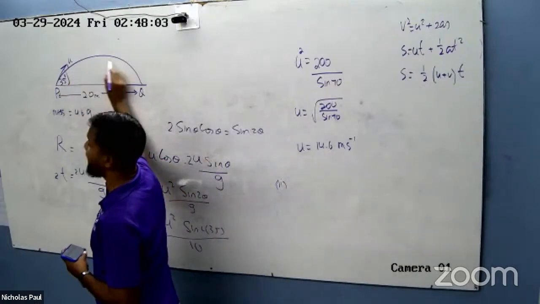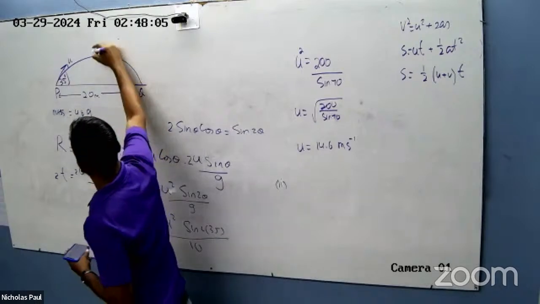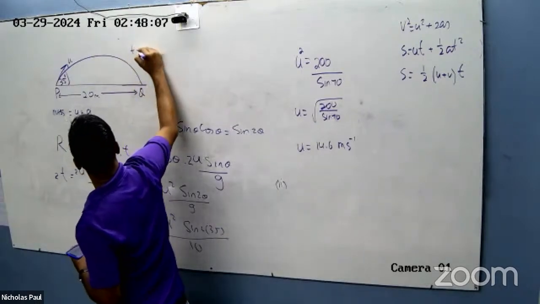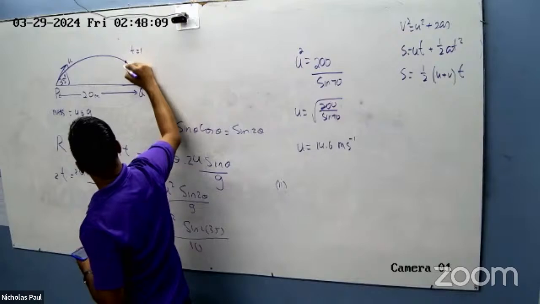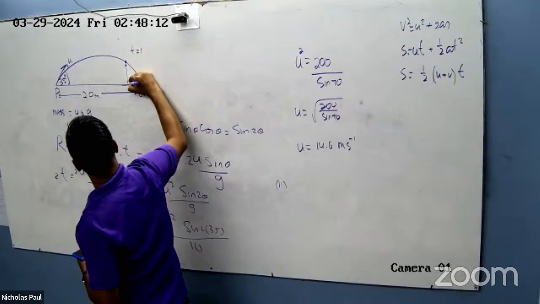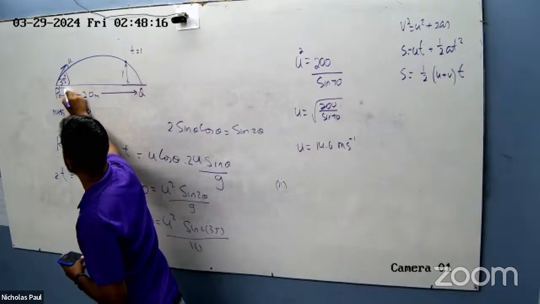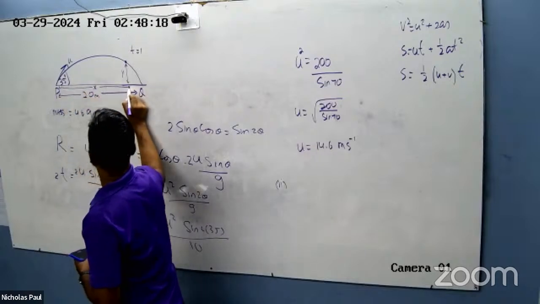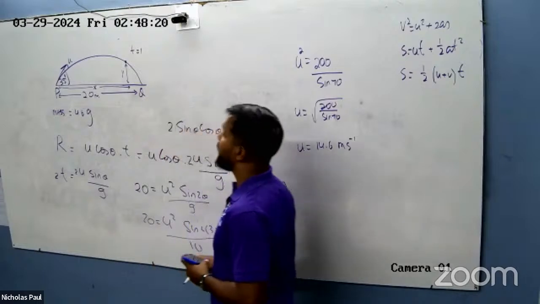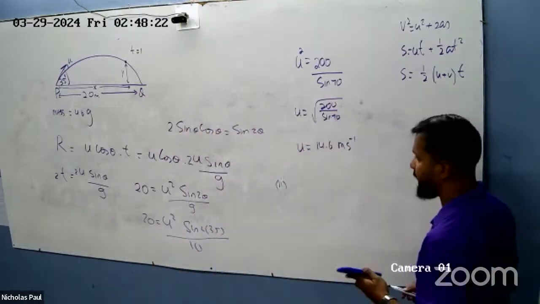The ball is traveling here. So they want to know when t is 1. They want you to show the vertical displacement and X as well. Use the equations of motion and find that, right?